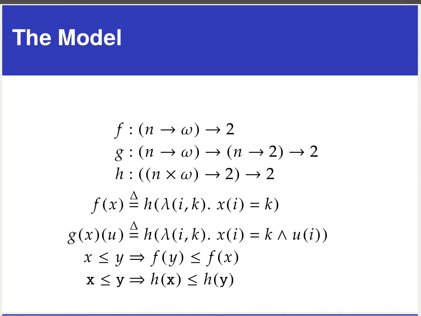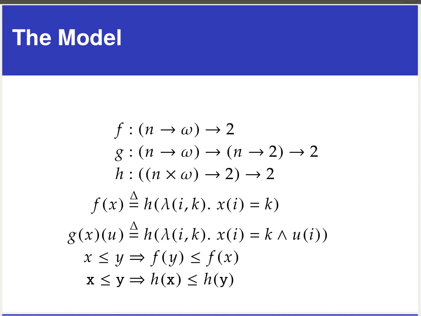So how do we define f in terms of h? Well, we simply ship a function which checks if the value of the parameter is the one that the abstraction says it should be. So when h will ask, does parameter i have value k? Well, we say, let's ask x what value the parameter i should have, and it says, well, it should have the value x of i.